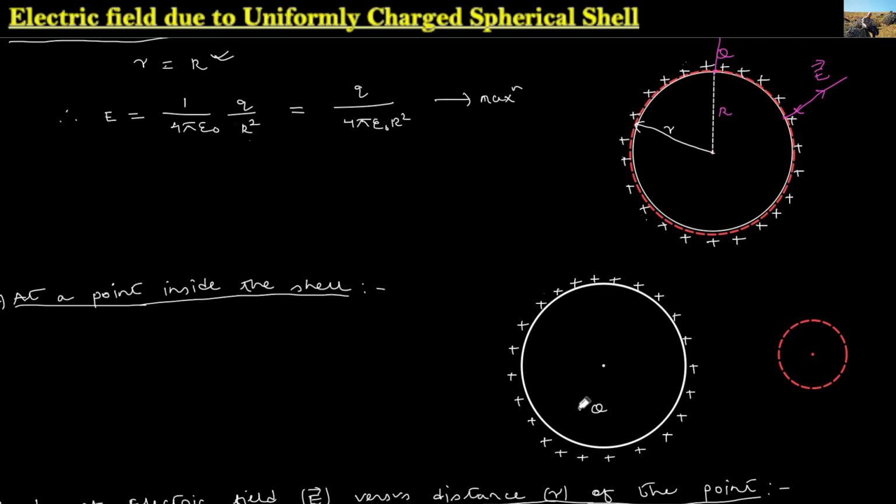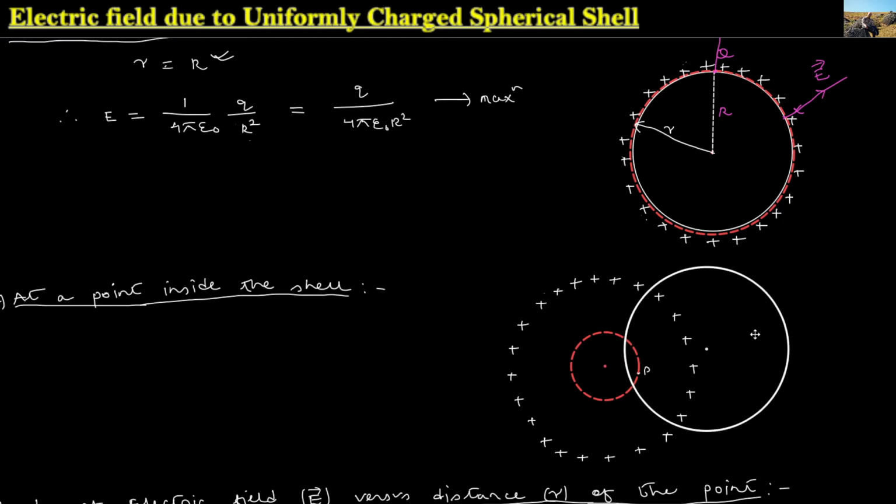See, if I take this point Q, I have to construct a surface across that point Q. That is the physical significance of taking that arbitrary point. It might be inside, it might be on the surface, or it might be outside the surface. Then suppose I take any point P which is on the surface, say over here, this is our spherical Gaussian surface. Let us consider this point P.